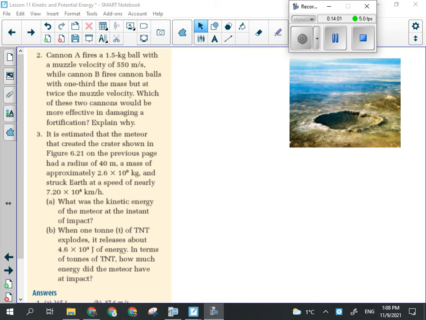So, which would be better? A 1.5 kilogram ball moving at 550 meters per second, or another cannon that fires cannonballs that are 1/3 of the mass, but twice the muzzle velocity. If they have 1/3 the mass, and they're moving the same speed, they'll have 3 times less energy, agreed? But they're moving twice as fast, which gives them 4 times as much energy.